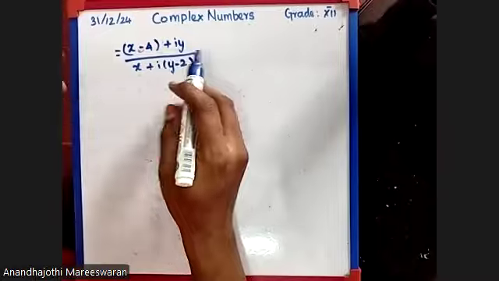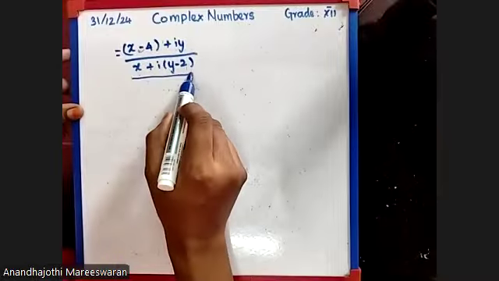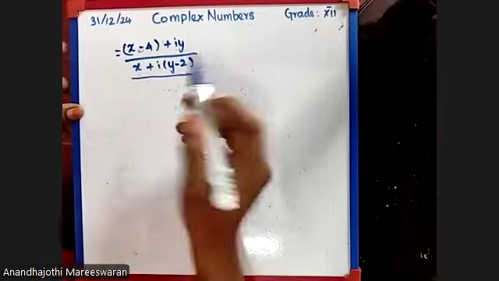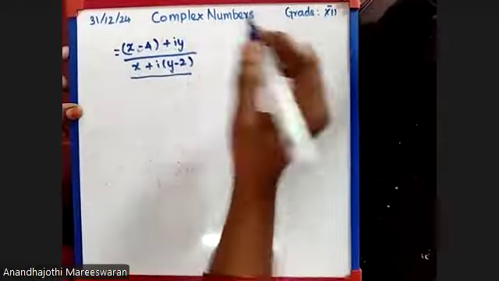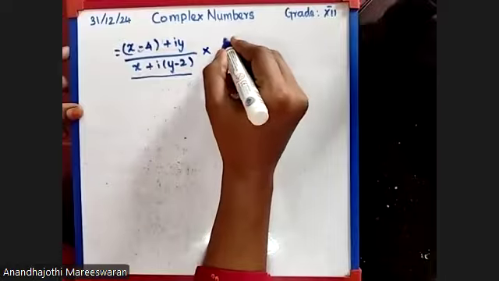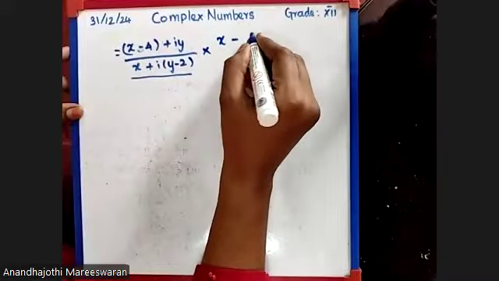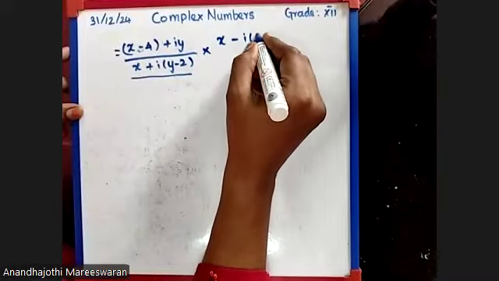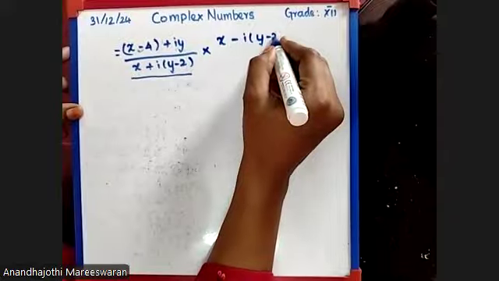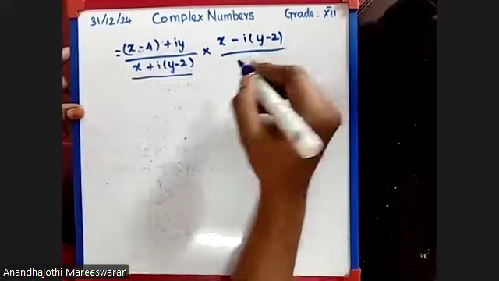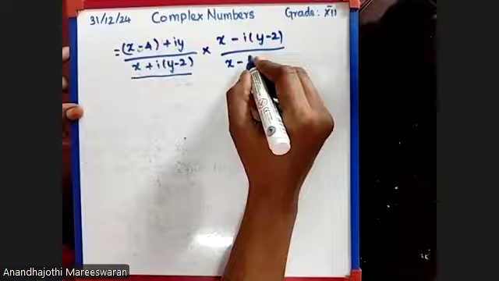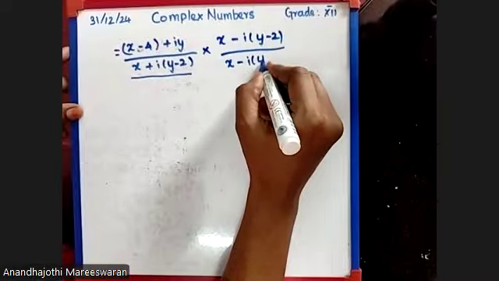So I am going to multiply by this complex number's complement: x minus i into (y minus 2), divided by x minus i multiplied by (y minus 2).